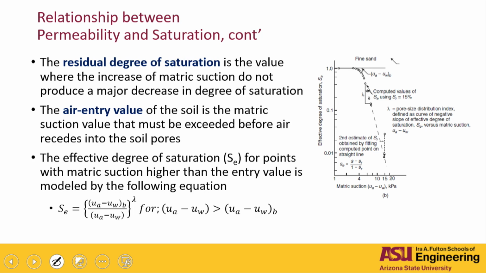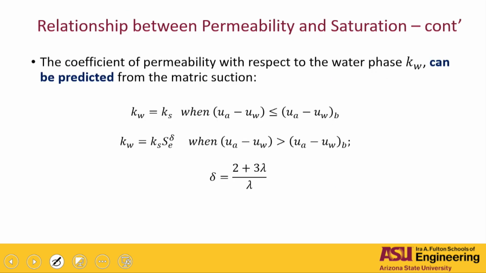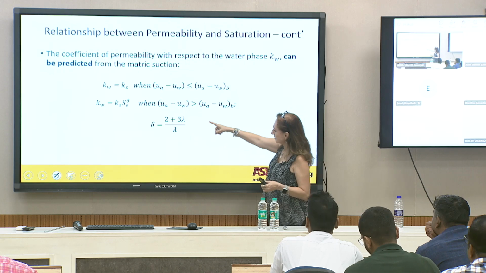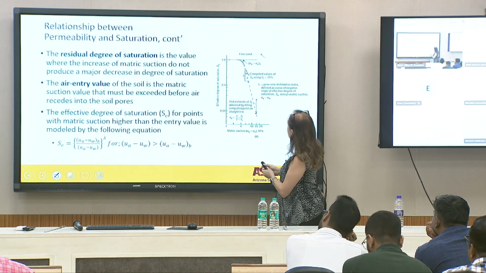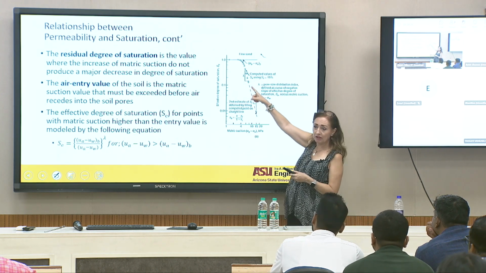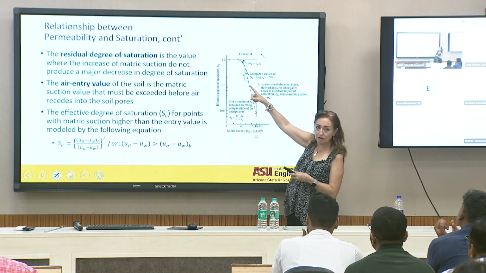And this one again is for suction greater than the air entry value. That lambda parameter is the slope of the soil-water characteristic curve, right?